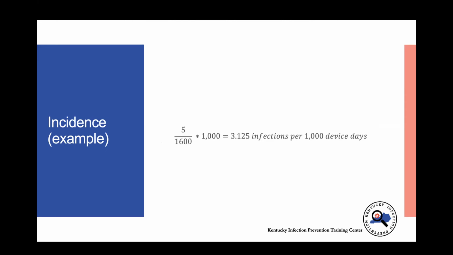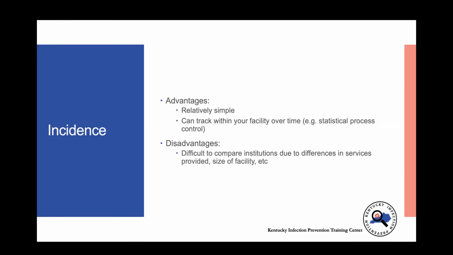Now, while this is useful for your own facility, there are some disadvantages. Namely, it's really hard to compare a rate at your facility to either other facilities or the national average. While you can track your rate over time at your facility and have some internal consistency there, the comparisons would involve a lot of adaptations and adjustments for the fact that your device usage might be in a diversity of wards where you have central lines installed.